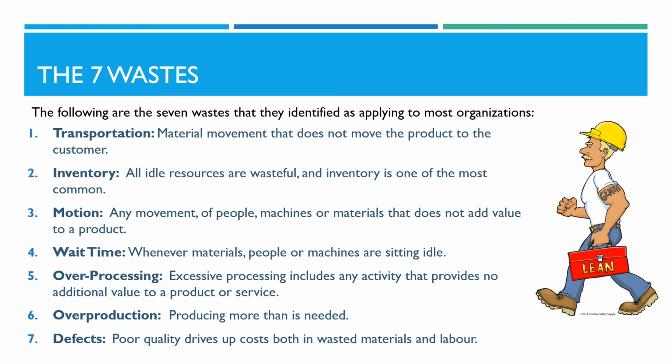Wait time, whenever materials, people or machines are sitting idle. Overprocessing. Excessive processing includes any activity that provides no additional value to a product or service. Overproduction, producing more than is needed. And finally, defects. Poor quality drives up costs both in wasted materials and labor.